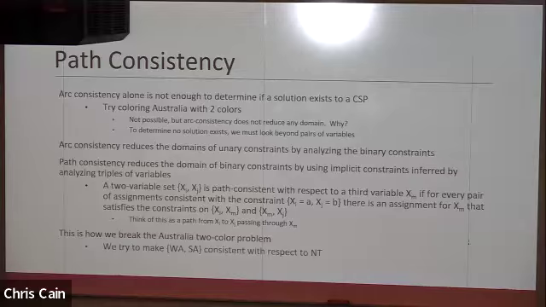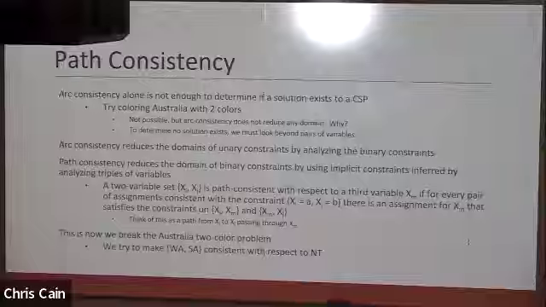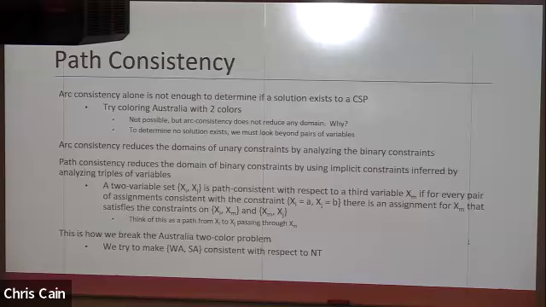So when you try to make Western Australia and South Australia consistent with, I already forget what NT stands for. Northern Territory. When we try to do that, we find that no pair of assignments for Western Australia and South Australia allows for us to color Northern Territory in any way.